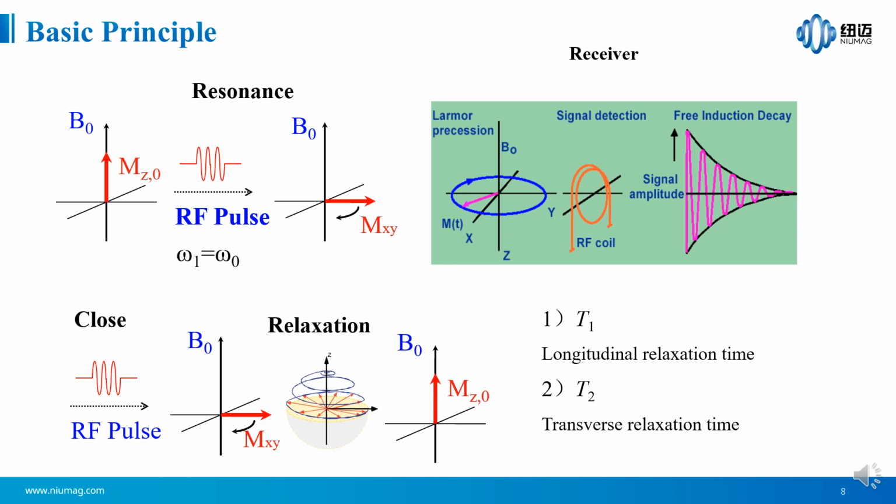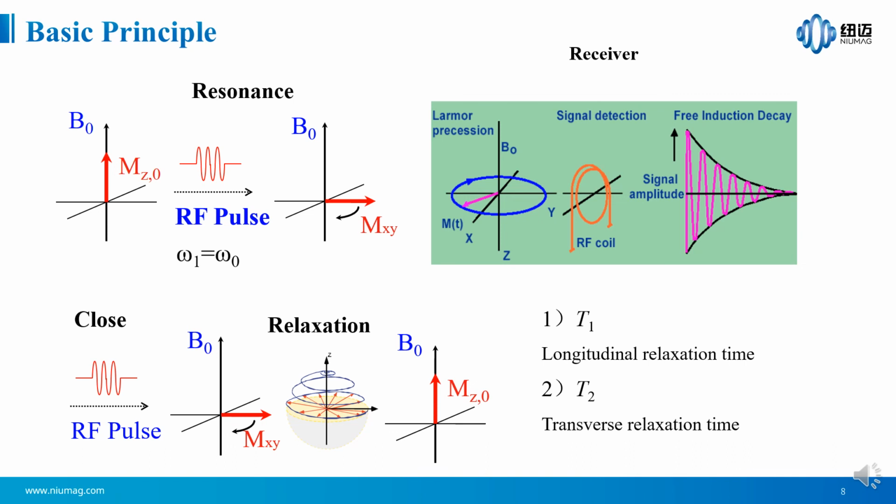The longitudinal recovery process is called the longitudinal relaxation process, and the speed of the recovery is described by the longitudinal relaxation time T1. The lateral decay process is called the transverse relaxation, and the speed of the decay is described by the relaxation time T2. In fact, the whole process is a spiraling process.